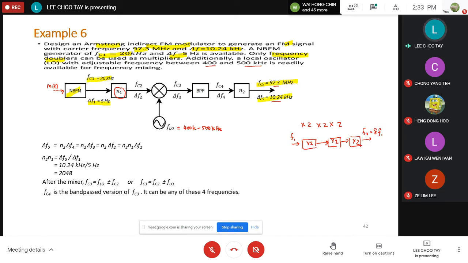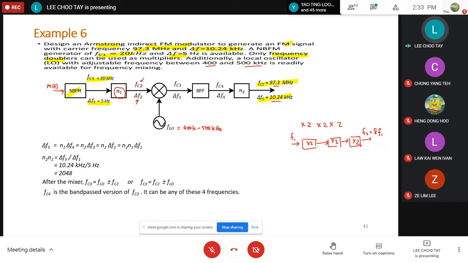So this stage 1 multiplier is going to give me an FM signal with the carrier frequency FC2 and the frequency deviation of delta F2. So how is FC2 related to FC1?